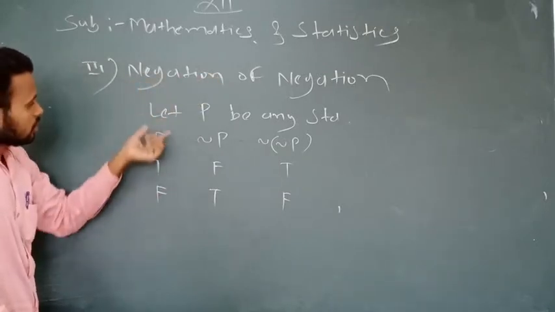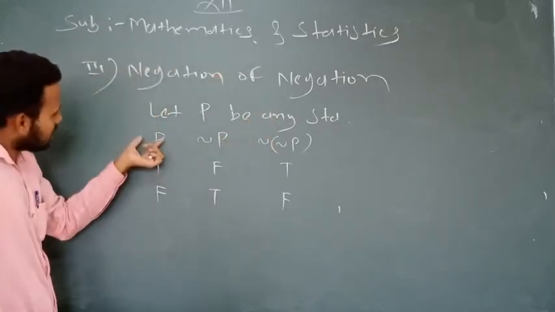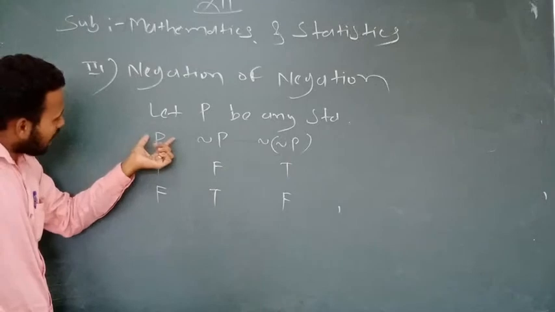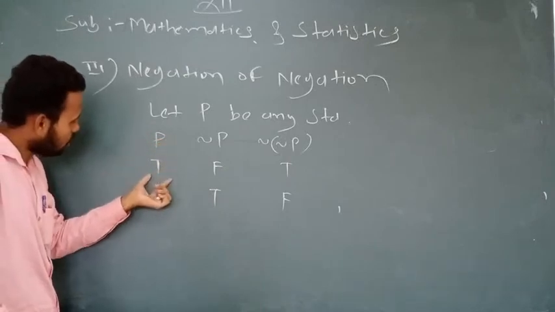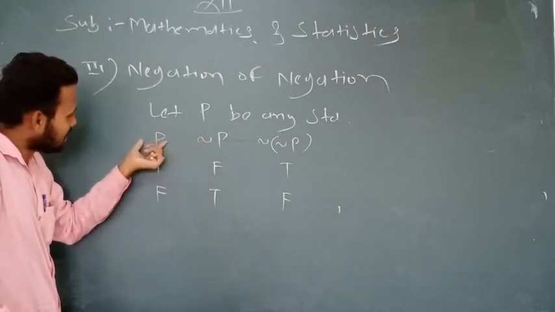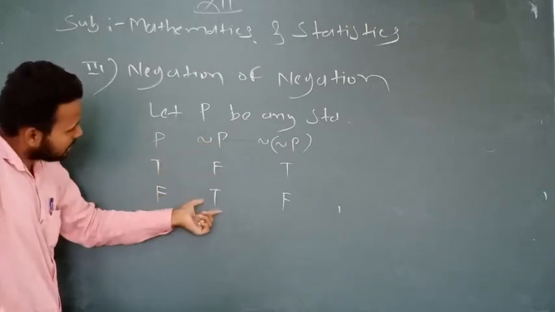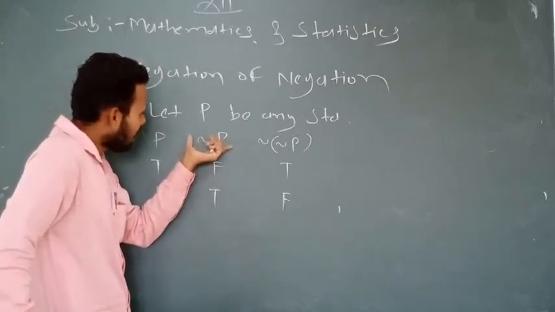Negation of negation: let P be any statement. For any statement there are only two possible truth values, T and F. Then we take the negation of statement P, we get the negation of T as F, and the negation of F as T. Then again I take the negation of that statement.